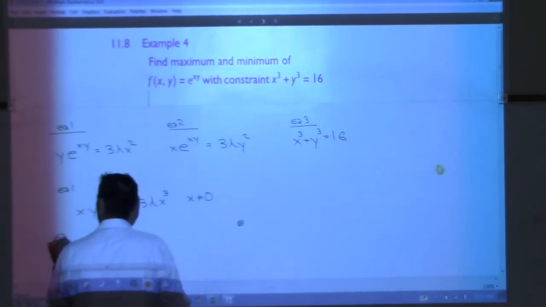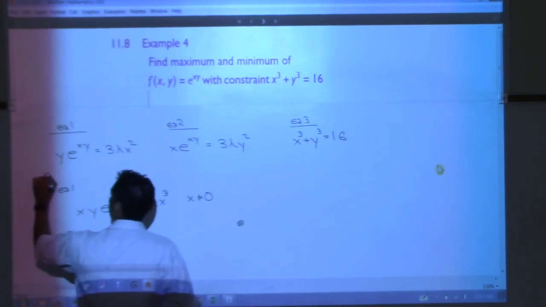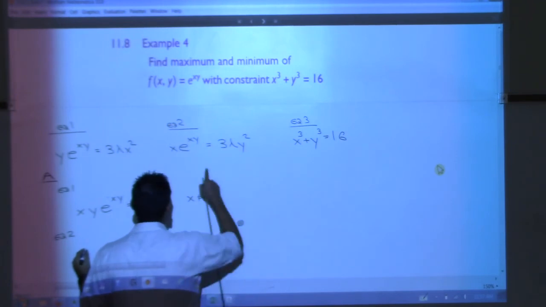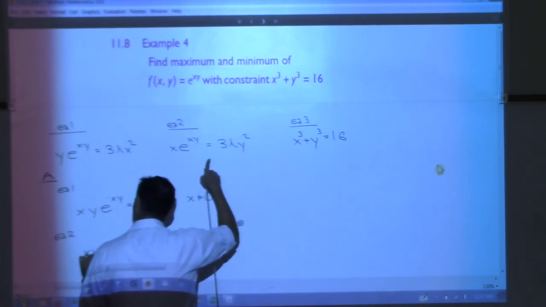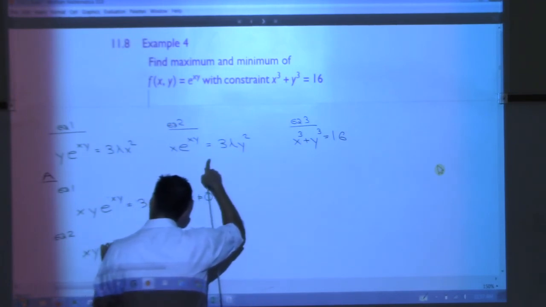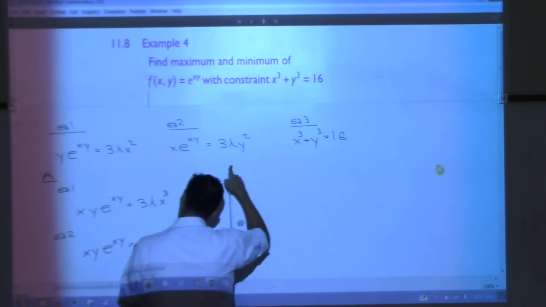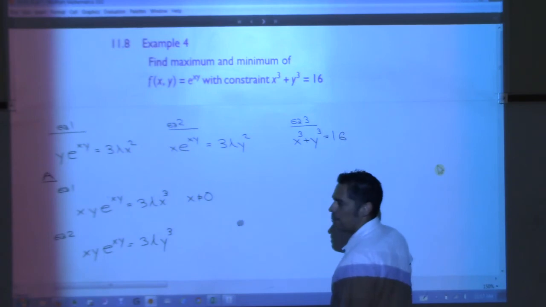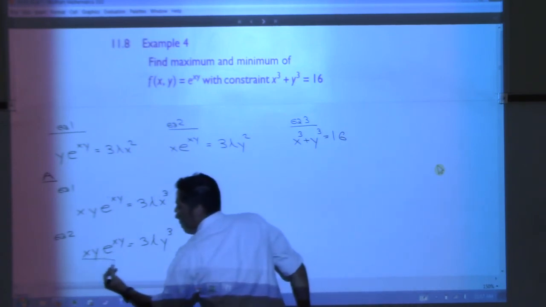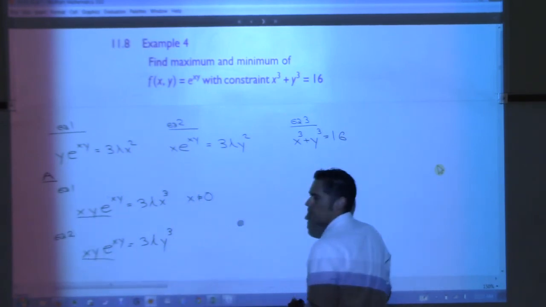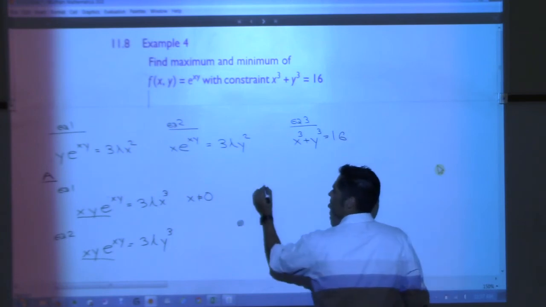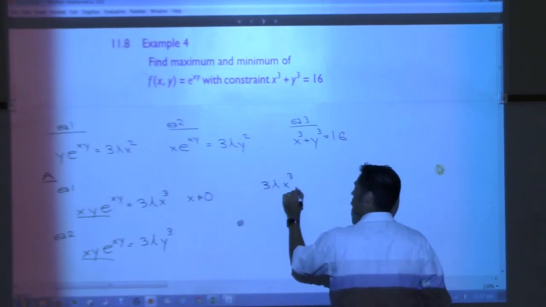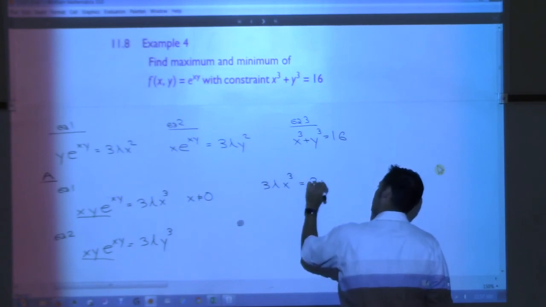Equation 2 becomes, this is all part of my process, if I multiply both sides by y, I get xy e to the xy equals 3 lambda y cubed. And now I set these equal to each other, because look, they both have the same thing. So they're equal to each other. So that becomes 3 lambda x cubed equals 3 lambda y cubed.